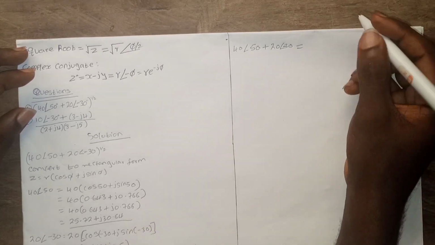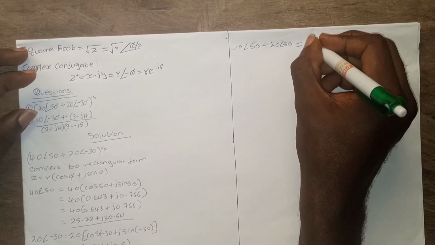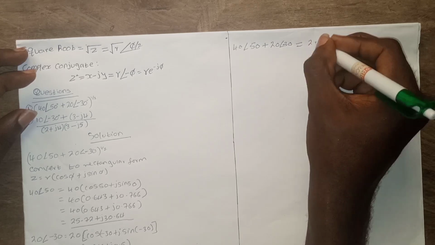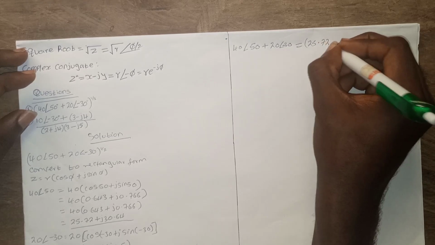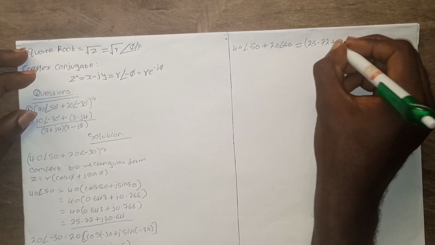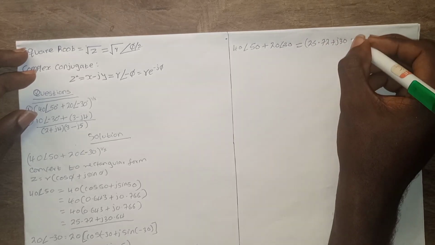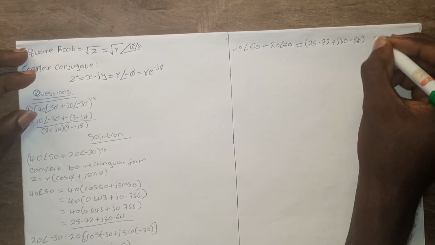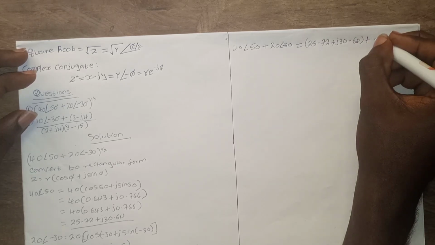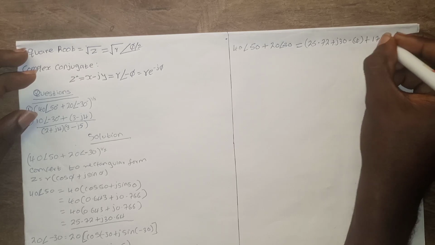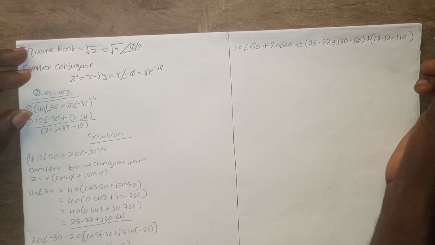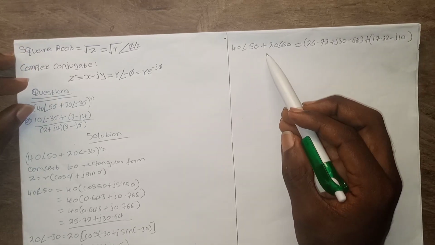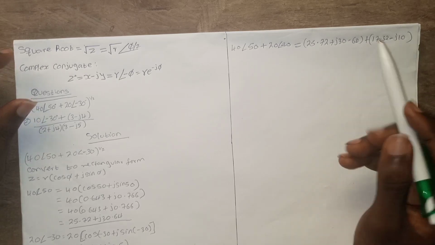So it will be 25.72 plus j30.64 plus 17.32 minus j10. So when we convert it from polar form to rectangular form, we can now add them together.